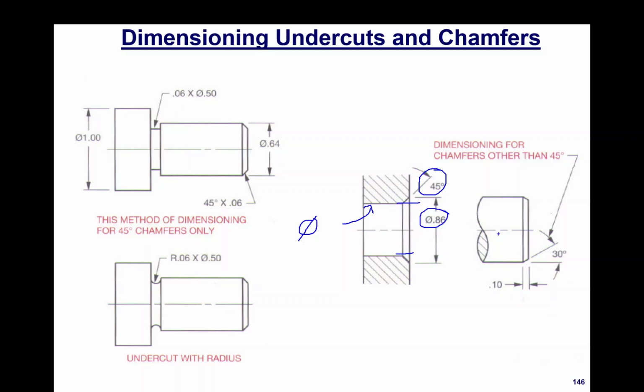For angles other than 45, for instance 30 degrees, we're referencing from the OD, and we are referencing that angle from that horizontal surface or edge. Okay, and then in this case we have to specify the length of that chamfer, because it's not 45 degrees, this length is going to be different than this, because it's not 45 degrees.